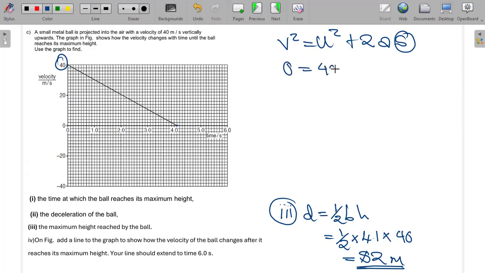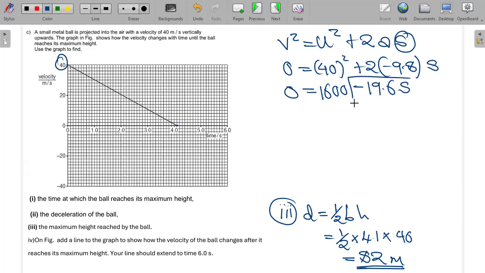The initial velocity is 40, squared, plus 2 times the acceleration, which is negative 9.8. Then we're looking for displacement.